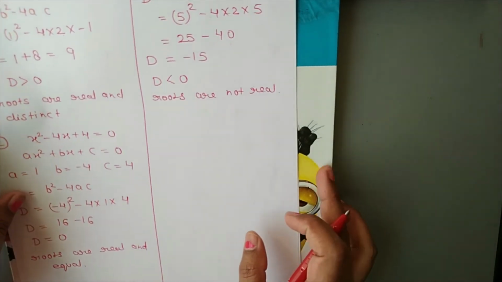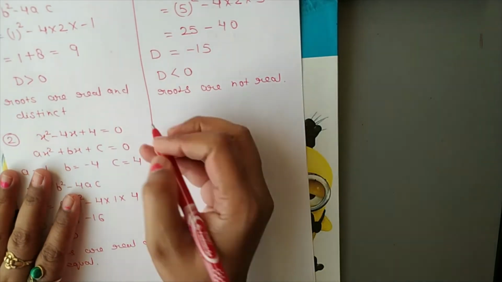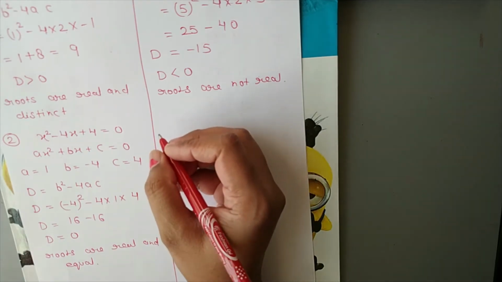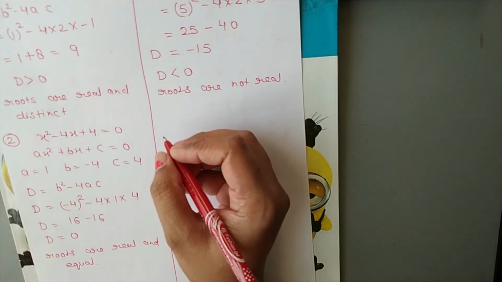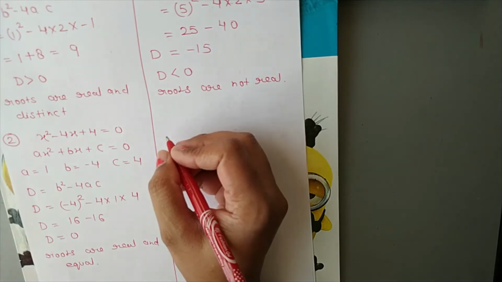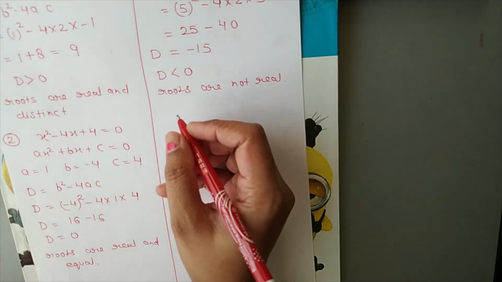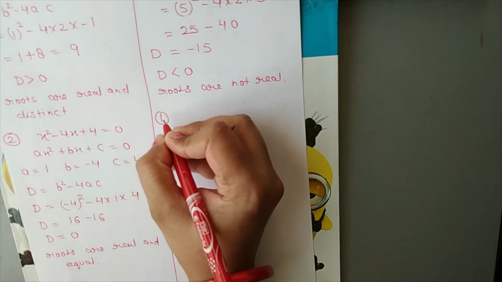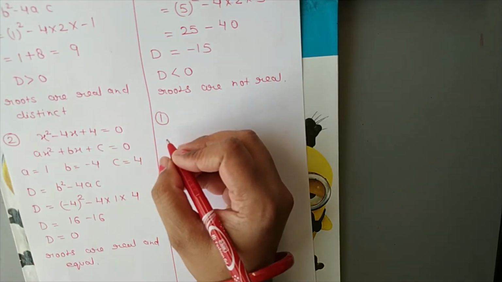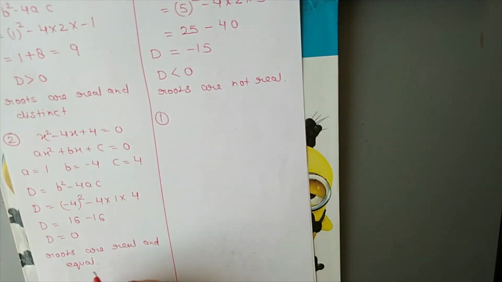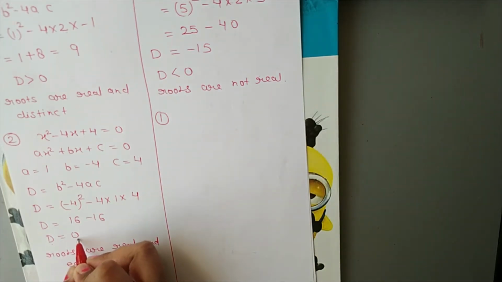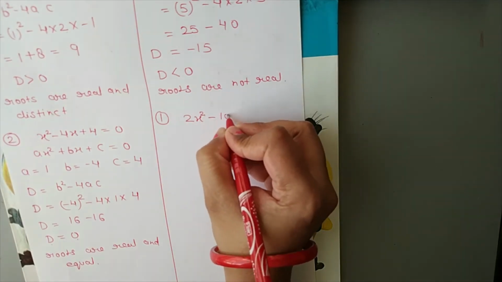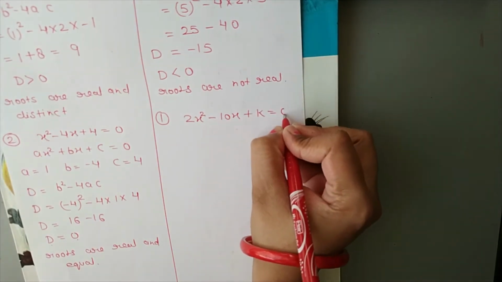Now the second type of question on the nature of the roots. Find the unknown value, that is called k, if the equation has real and equal roots. We know that if it has real and equal roots, it means d is equal to 0. So suppose this question, 2x square minus 10x plus k is equal to 0.